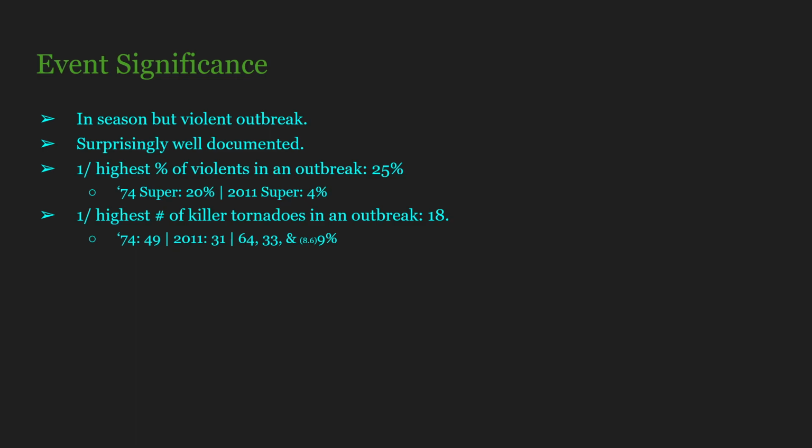Again, a quarter of the tornadoes that were confirmed, yes, confirmed, around 53% of all tornadoes annually in the United States until 1950 were undocumented, but that's neither here nor there, were violent. That is insane.